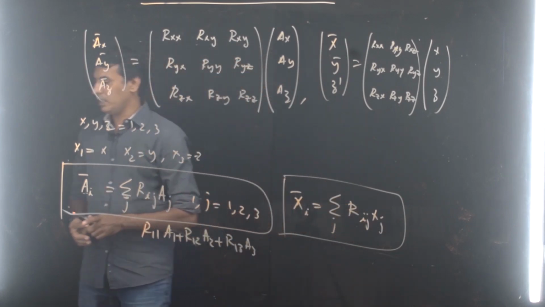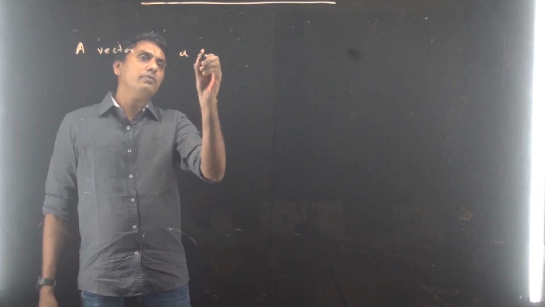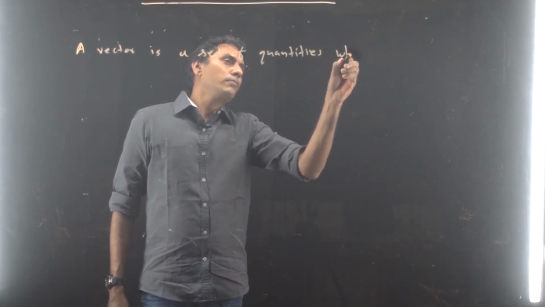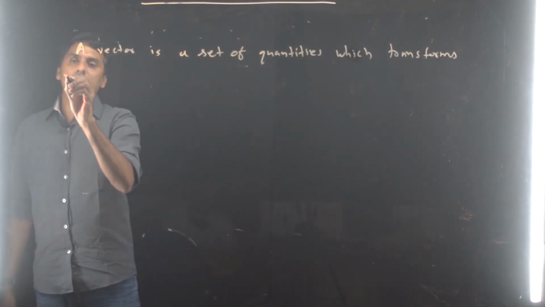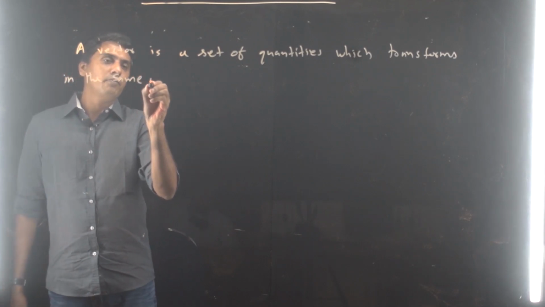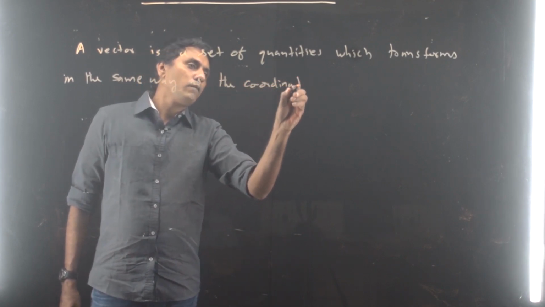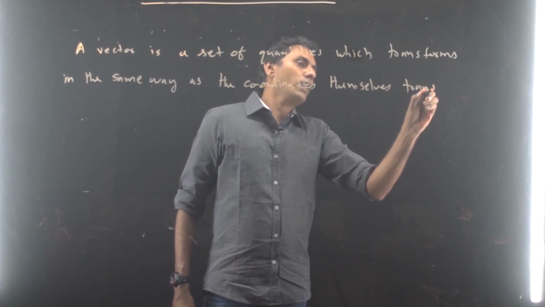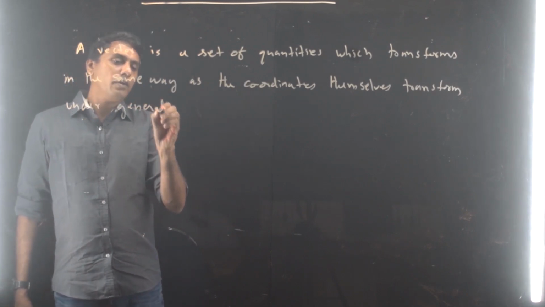Now I am going to define the vector. A vector is a set of quantities which transform in the same way as the coordinates themselves transform under general coordinate transformation.